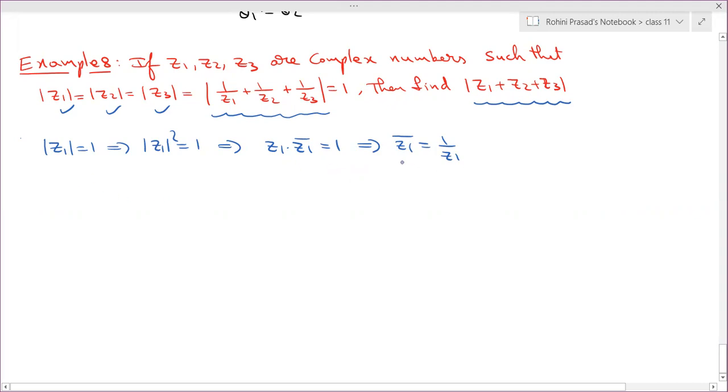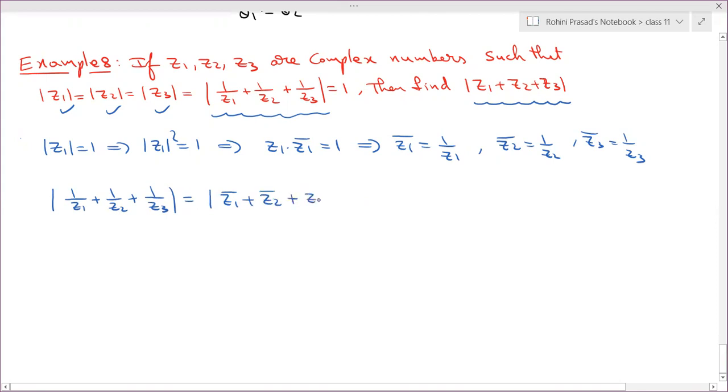Similarly, you get Z2 bar equal to 1 by Z2 and Z3 bar equal to 1 by Z3. The benefit of getting this is the second information that we have: 1 by Z1 plus 1 by Z2 plus 1 by Z3. 1 by Z1 means Z1 bar, 1 by Z2 is Z2 bar, 1 by Z3 is Z3 bar.